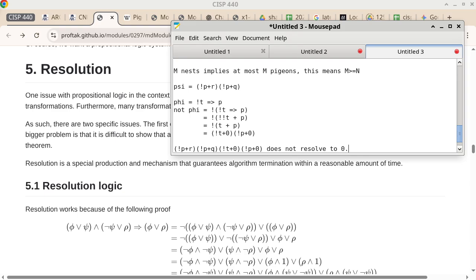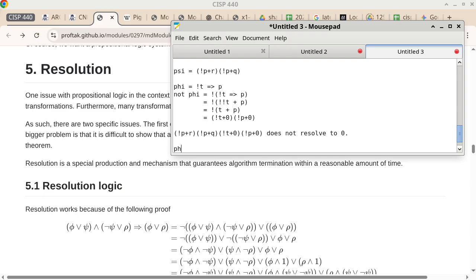So what is the conclusion? The conclusion is simply phi is not a theorem of psi. That is not to say that phi is false. We don't know whether phi is false or not. We just know that it is not a theorem of psi, which means it is not implied by psi.